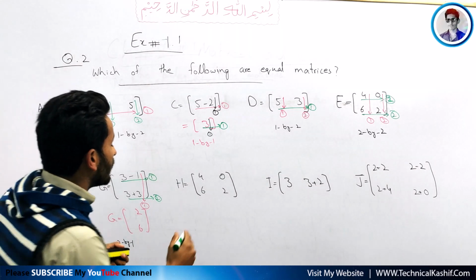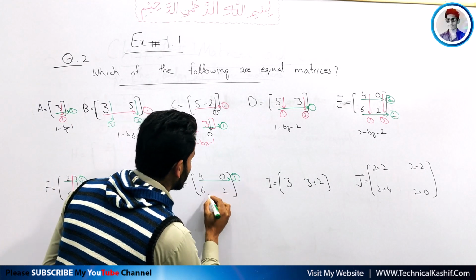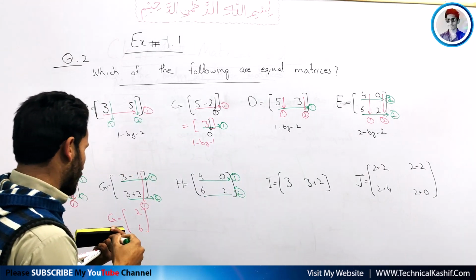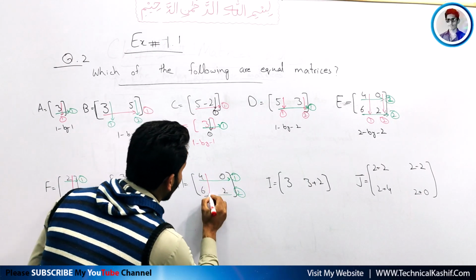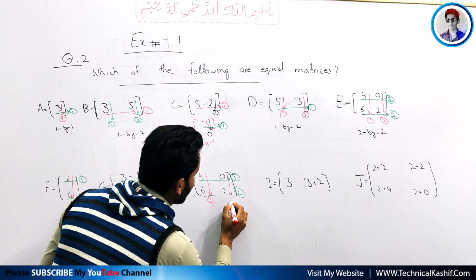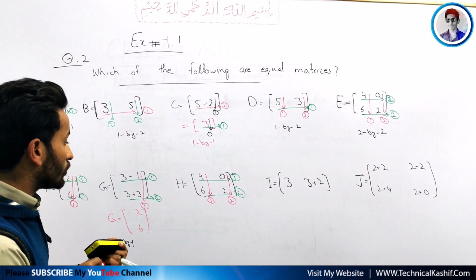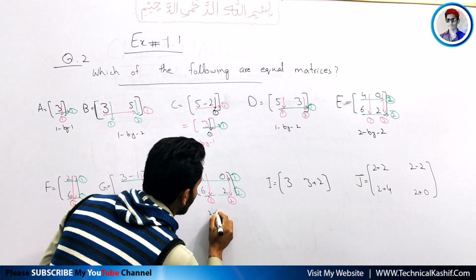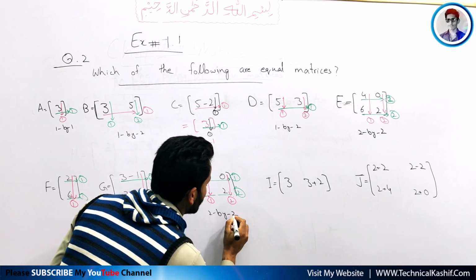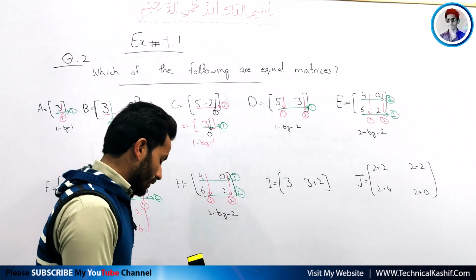See the next one. The number of rows is two: first row, second row. The number of columns is also 2: first column and second column. So the order of this matrix is 2 by 2. Third one.